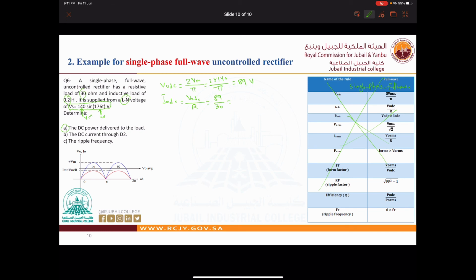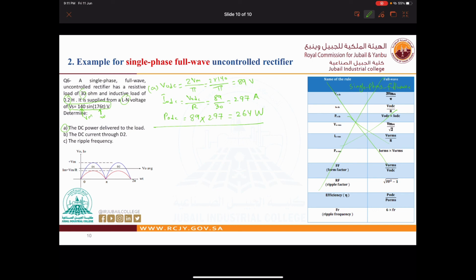So it is 2.97 ampere. So for A, now power output DC is 89 multiply by 2.97, which is equal to 264 watt. So this is for A, right?